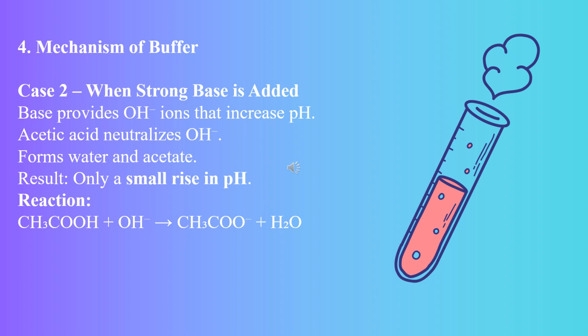And water is neutral, having a neutral pH, and the acetate ion will lower the pH but not very much. So there will be a small rise in the pH. We expect that whenever hydroxyl, a strong base, is added, the pH should rise very high, but it does not occur because buffers neutralize these hydroxyl ions.